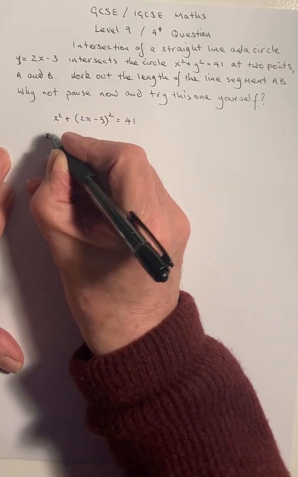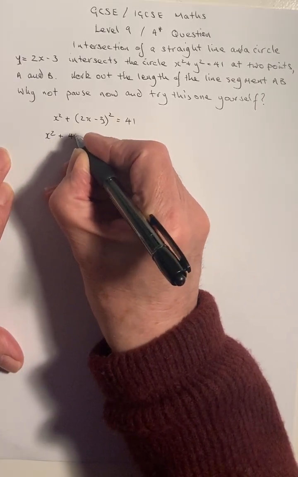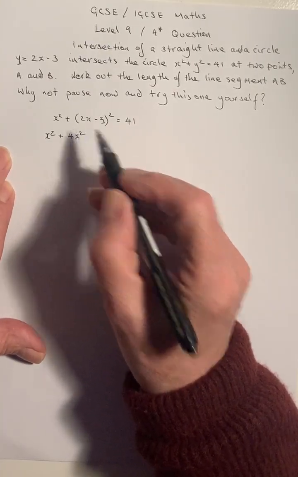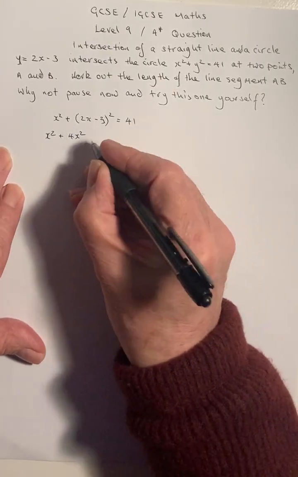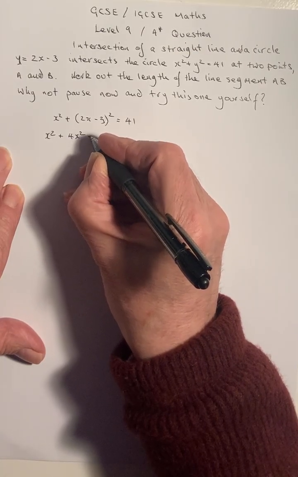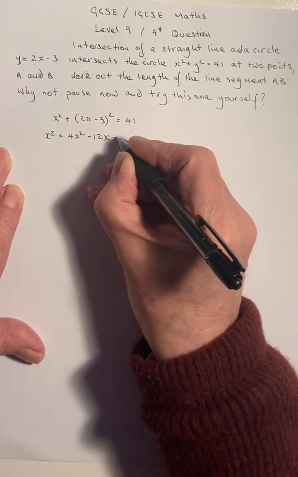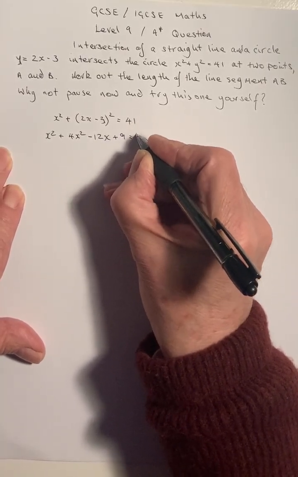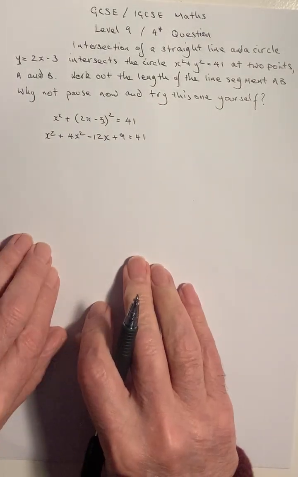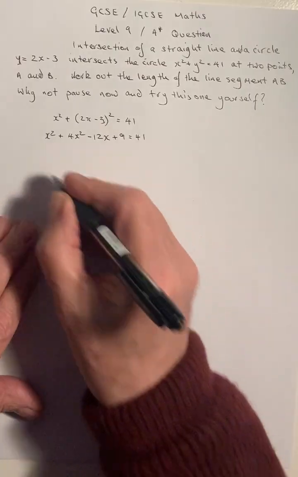So we have x squared plus 4x squared. This is a perfect square, so it's 3 times 2 is 6 times 2 is 12. So this is minus 12x plus 9 equals 41. And now if we gather all the terms on the left hand side and equate them to 0, we can solve our equation.